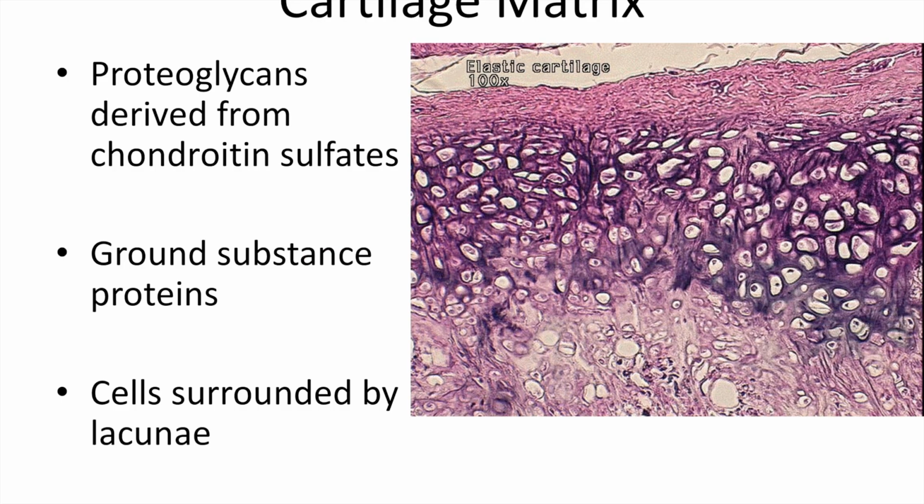So if we're looking at cartilage, cartilage does have an extracellular matrix. It's made up of water as well as proteoglycans. These are derived from chondroitin sulfates, and both the water and the proteoglycans help cartilage to be relatively incompressible.